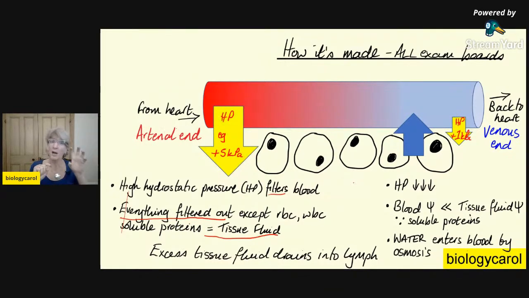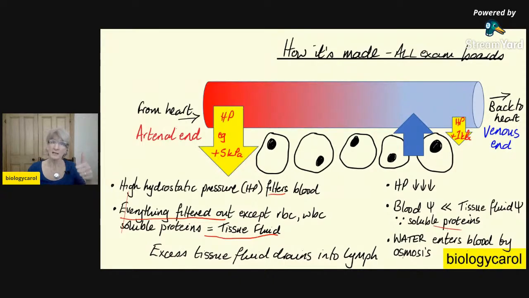You talk about the arterial end, and you say exactly what happens there: it is filtering. You say the process, and then at the venous end, you say what is happening, and you talk about water moving back in by osmosis.